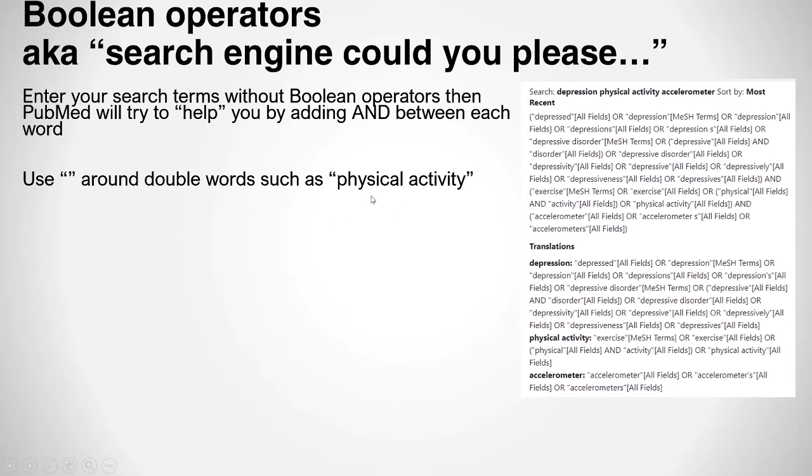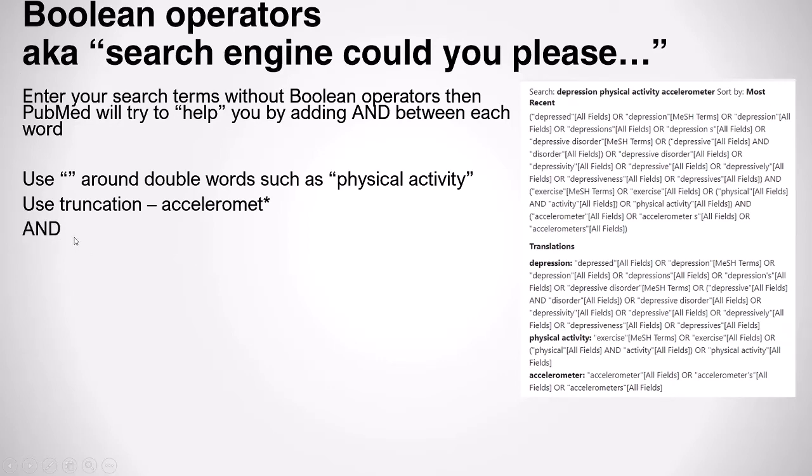So remember that when you've got a term that has more than one word, you need to put double quotations around it. And then you can use truncation for any terms that have the same beginning to the word.